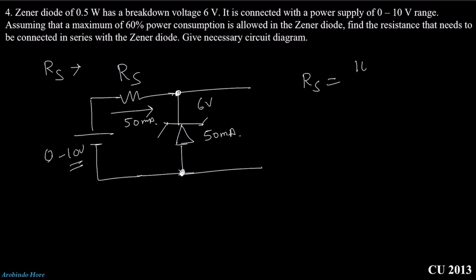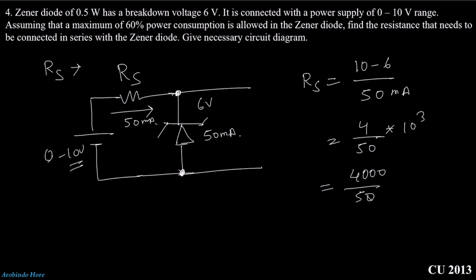So Rs equals 10 minus 6 divided by 50 milliampere, that means 4 divided by 50 times 10 to the power 3, which is 4000 divided by 50, equal to 80 ohm. An 80 ohm resistance needs to be connected in series with the Zener diode such that the Zener diode will be safe.